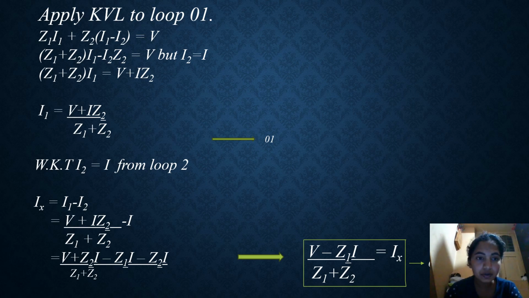So I1 is equal to (V plus I Z2) by (Z1 plus Z2). Let us call this equation 1.